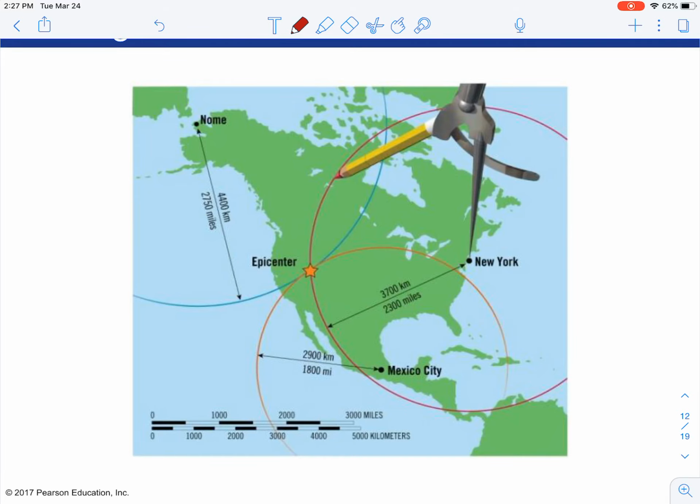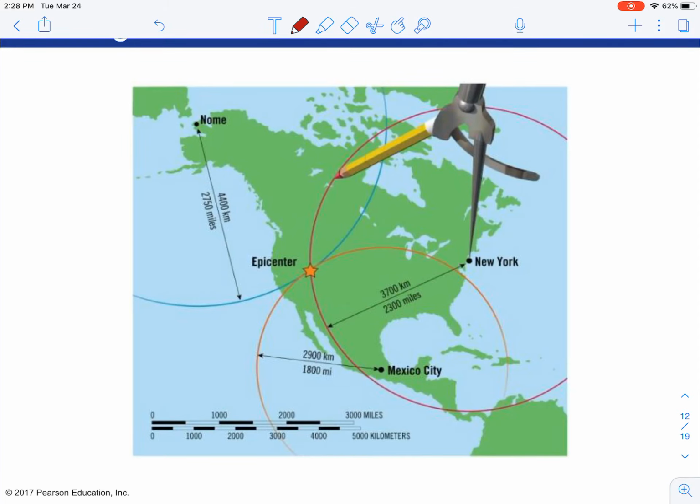But if you look at New York and you use the scale provided below, which you can actually use, just take a Post-it and line it up and measure out 3,700 kilometers, and then take that Post-it and kind of simulate a circle around your city. You're going to draw a circle that represents anywhere that that earthquake could have happened relative to New York.